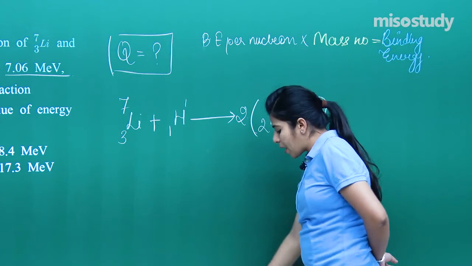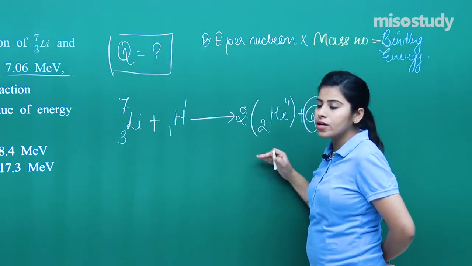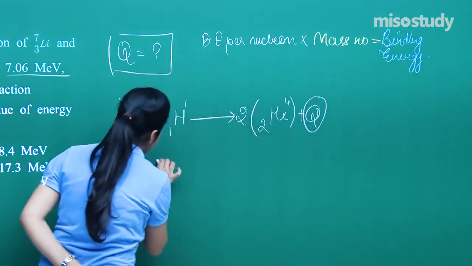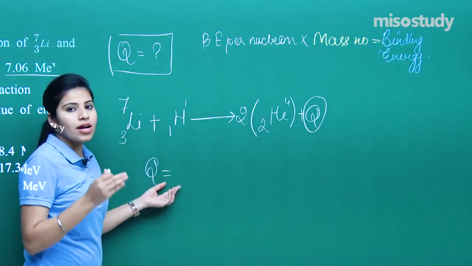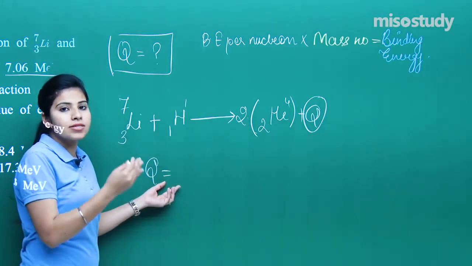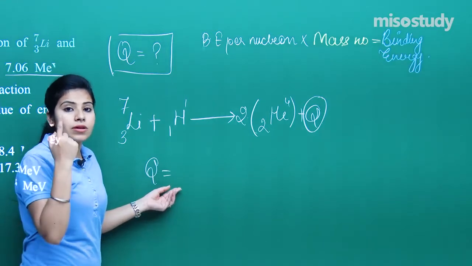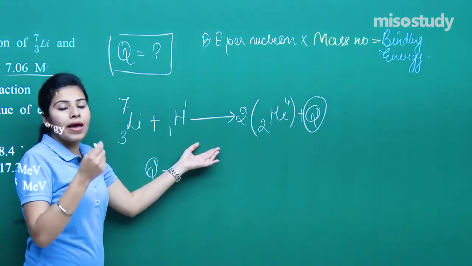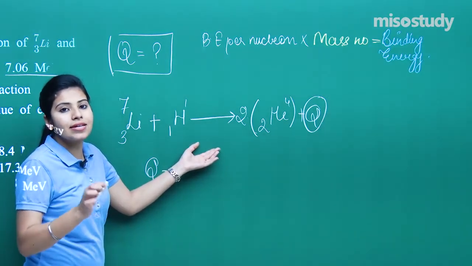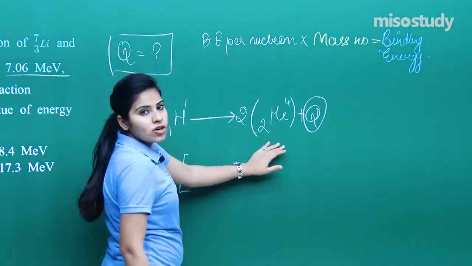So to find out the binding energy for these reactants and for the products, we will be writing here Q equals to, Q will be what? I have told you that Q is nothing but the mass of products minus the mass of reactants, or you can say it in terms of energy, the energy of products minus the energy of reactants. So Q will be energy of products.